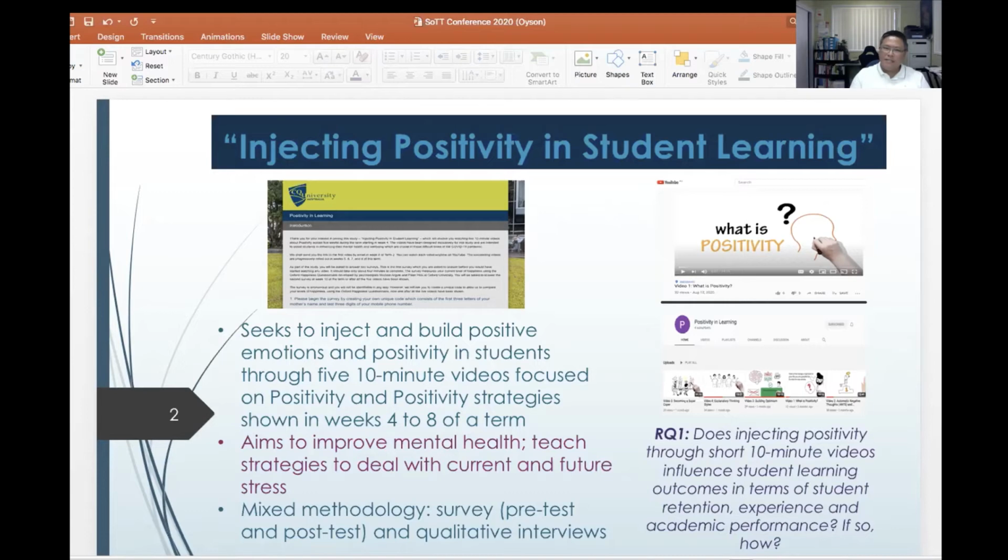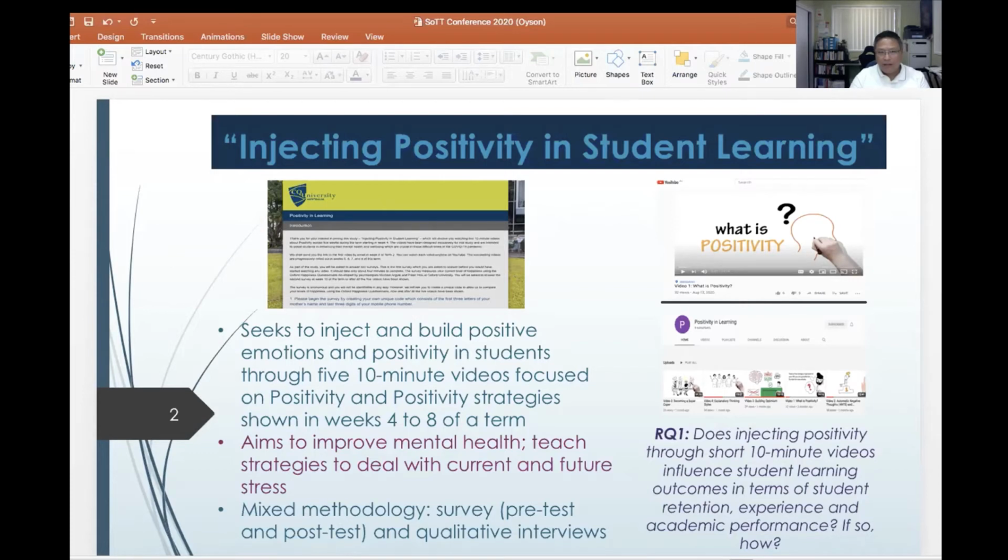But a lot of these positivity studies often involve full-blown courses across a term, for example, and there isn't any intervention yet that involves getting students to watch short videos that give them strategies about how to develop positivity. So this was the implementation.